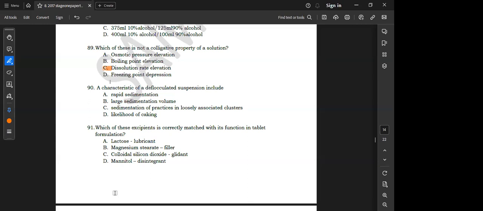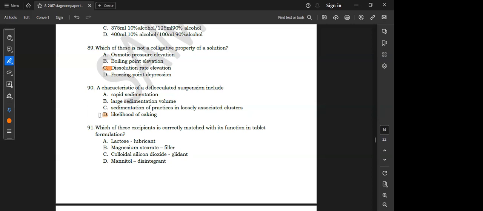Remember those differences. With caking, you say D or B? Rapid sedimentation; these other ones are for flocculated.